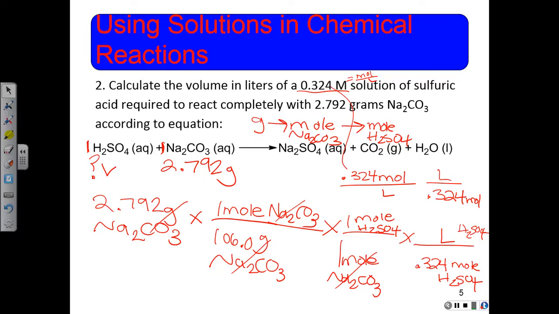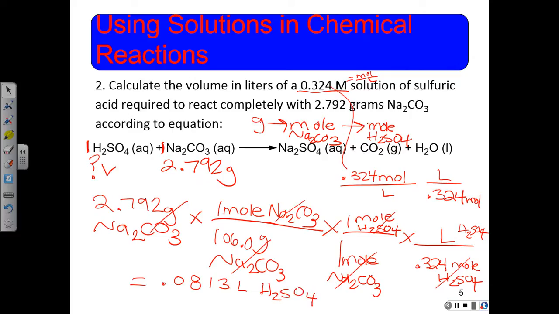The only step that was different is we plugged in our molarity, and we know we have to plug it in this way because moles have to cancel. So now we know the volume of our sulfuric acid solution. If we take 2.792, divide it by 106 times 0.324, we should get 0.0813 liters.